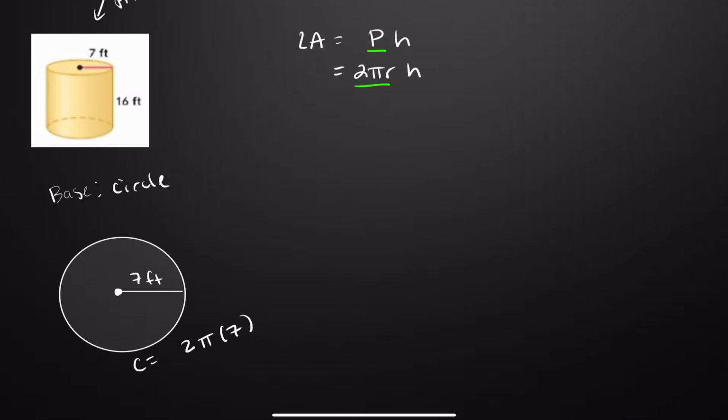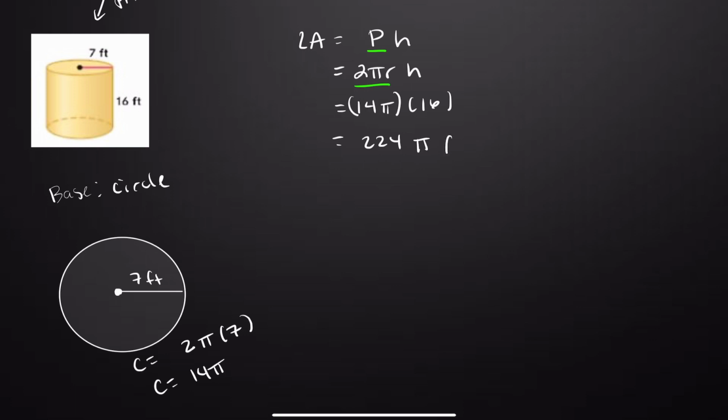So C equals 2 pi 7, which is 14 pi. So I have 14 pi multiplied by the height of the prism, which is 16. So then I get 14 times 16, which is 224 pi.